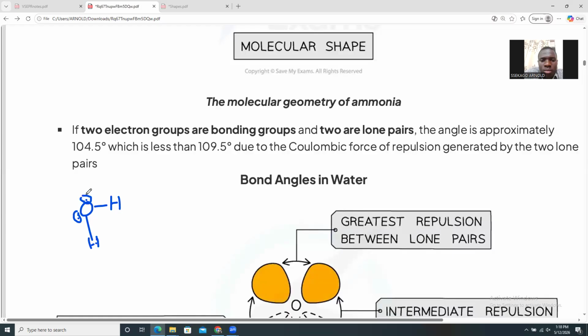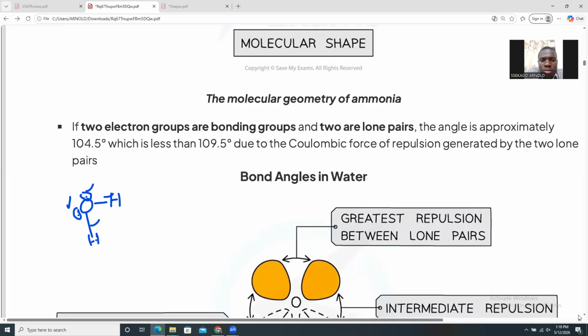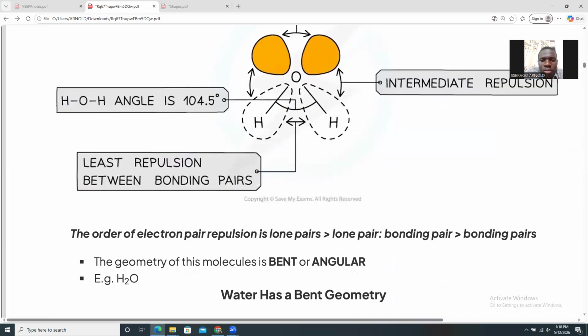So how many groups are these? 1 lone pair. Those are now 4 groups, 4 tetrahedral, but in particular, it is forced to become bent or angular. This shape of water is bent or angular.